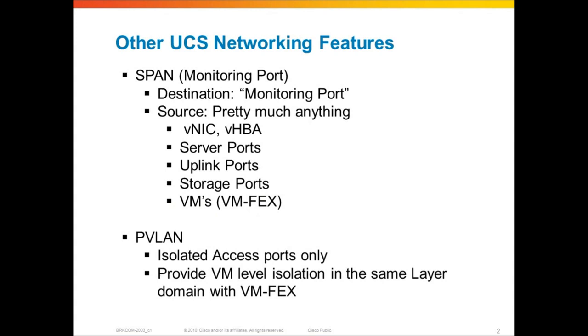So if I want to look at the traffic of just one VM, no matter where it exists on any server at any time, I can do that. I can set up just a single VM as a SPAN source if I wanted to.